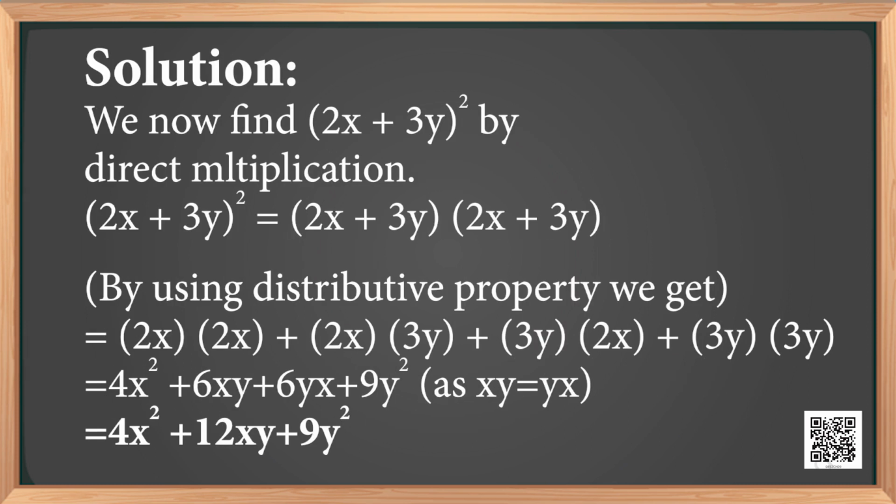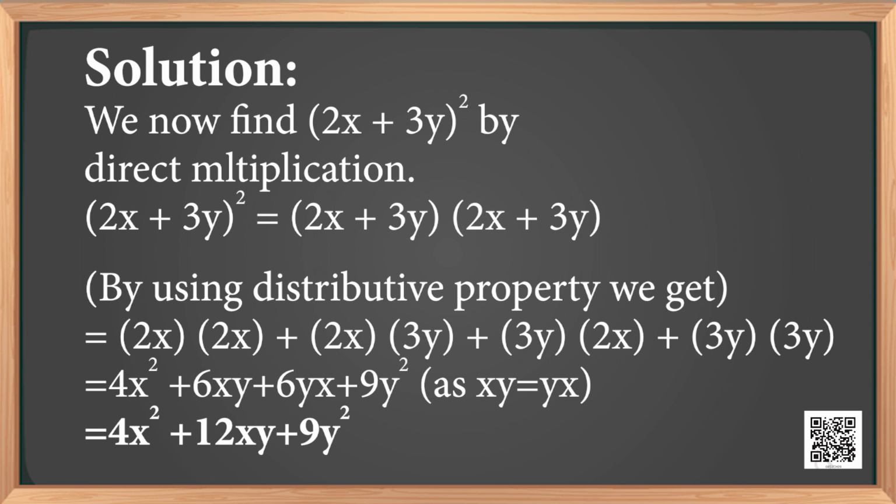We now find (2x plus 3y) whole square by direct multiplication. (2x plus 3y) whole square is equal to (2x plus 3y) into (2x plus 3y).